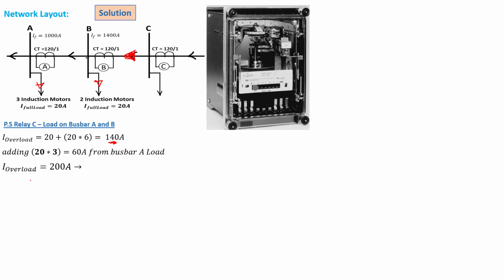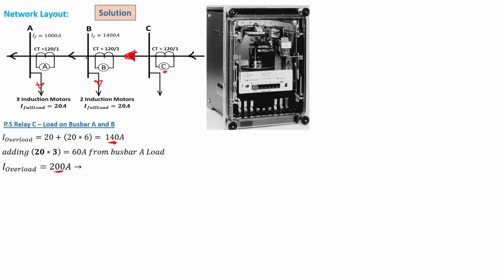But now, here is a trick. This 200 amps is not the worst case scenario, because these two bus bars are independent of each other. So these are feeders. We don't know what is happening here, we don't know what is happening there. So this is a network. This could be long lines, kilometers of cables. But this relay at C must ensure that it does not trip for whatever is happening there.